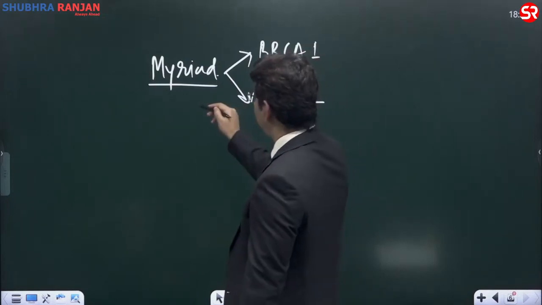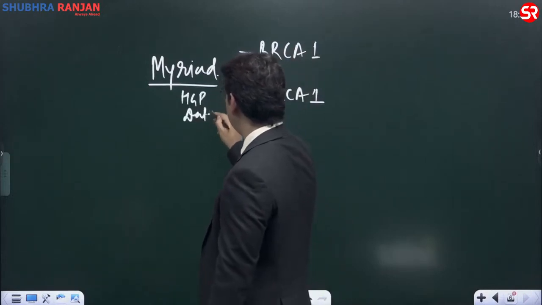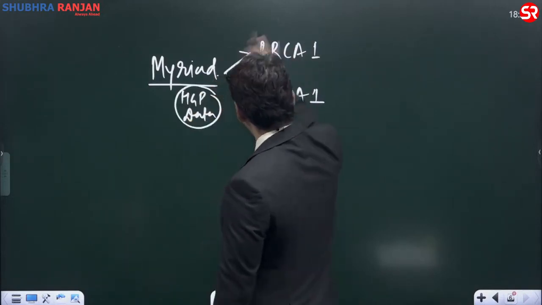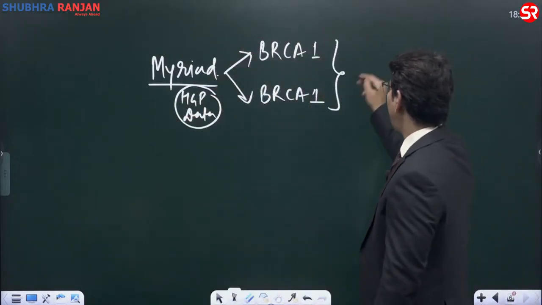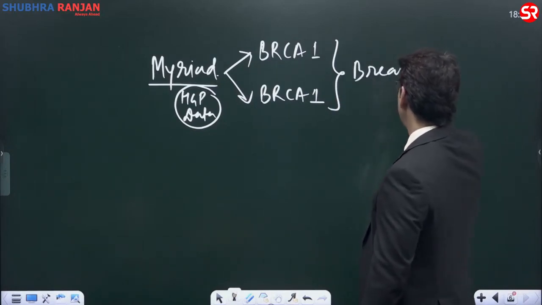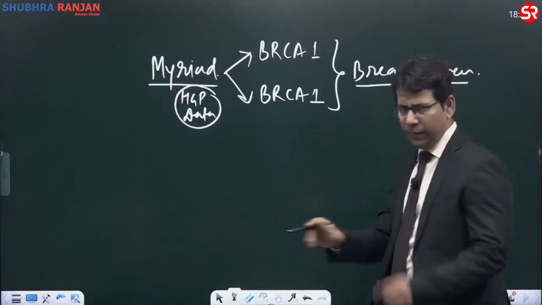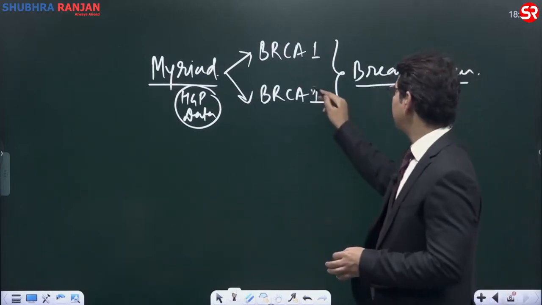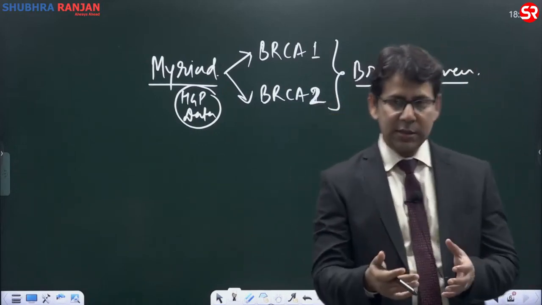So this Myriad company studied HGP data. HGP data को पढ़ा और HGP data पढ़ने के बाद दो जीन ढूंढ निकाले. These genes are responsible for breast cancer. That is why it is called breast cancer 1, breast cancer 2. If one is present, then it may lead to breast cancer. And if two are present, chances would be very high.